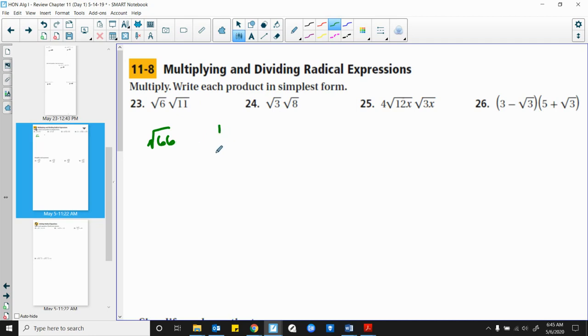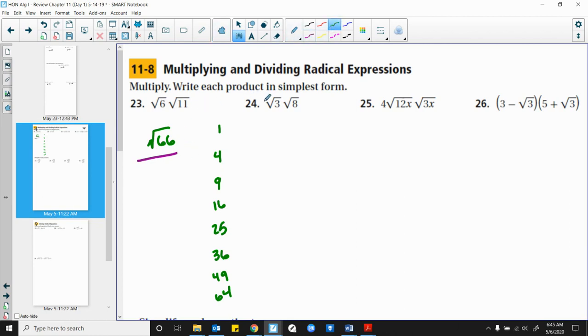So we've got 1, we've got 4, we've got 9, we've got 16, we've got 25, we've got 36, we've got 49, and we've got 64. None of those divide clean out of there, so our answer is just radical 66.